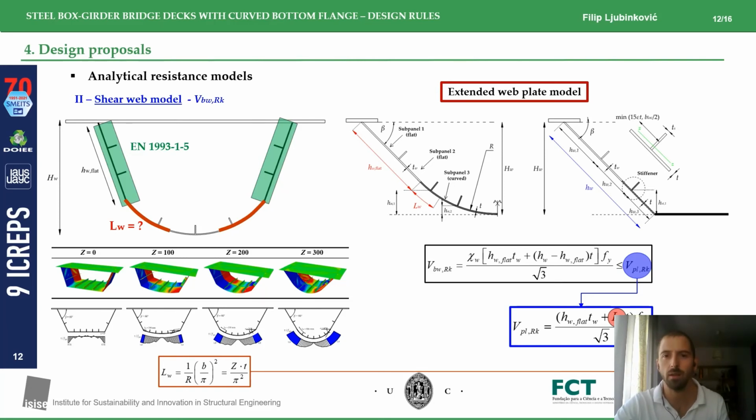That's why the name extended web plate model. And then we also include in this formulation this LW formula that we obtained for the shear participation of the bottom flange.